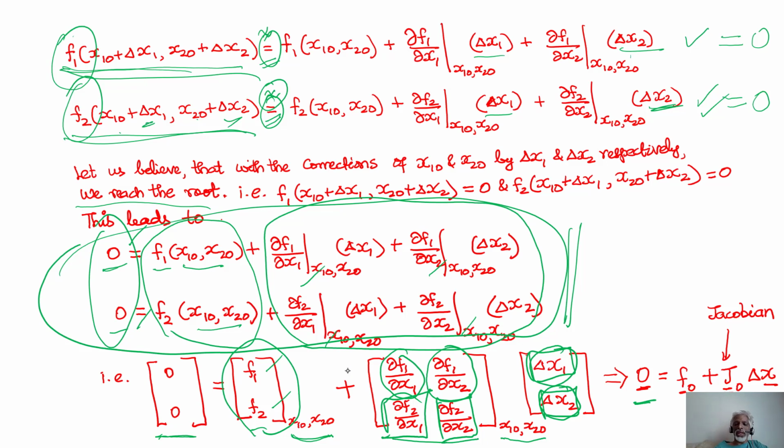And then this plus sign, and this matrix has a special name. Whenever we have a matrix of first order partial derivatives, we call it the Jacobian matrix, and the symbol is J. I put a double underscore here for J to indicate that J is going to be a matrix. So this is what is called the Jacobian.